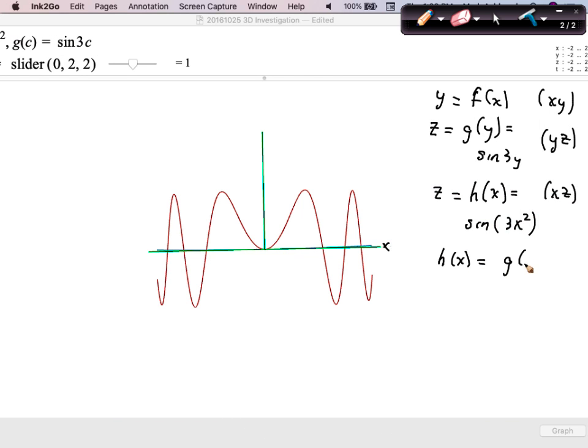g of f of x. So how do I get to see that? So I can see z as h of x, sine 3x squared, in the xz plane. I can see z as g of y, sine 3y, in the yz plane. And I can see y equals f of x in the xy plane. How can I see that h of x is g of f of x?